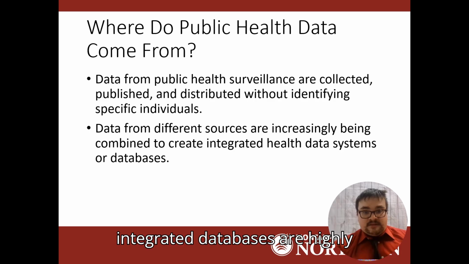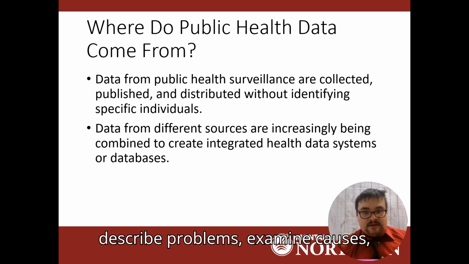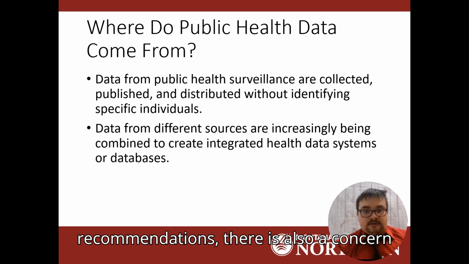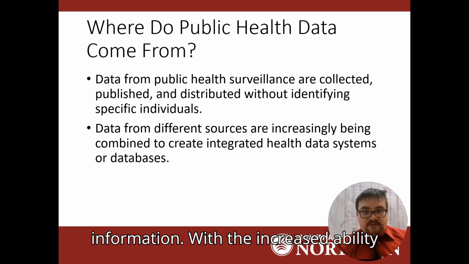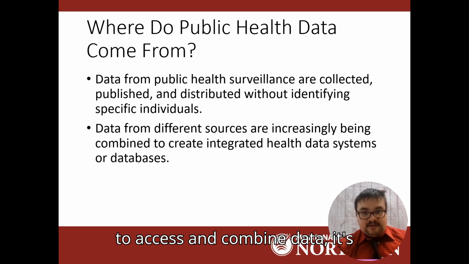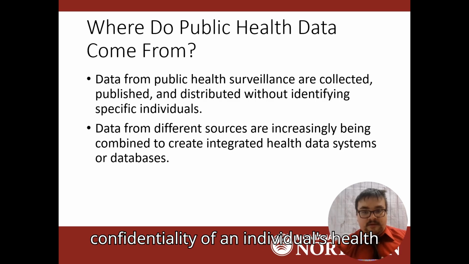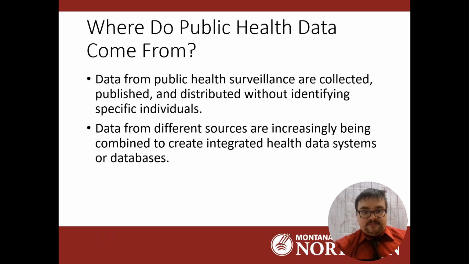While these integrated databases are highly beneficial, since they're great for compiling information which can help to describe problems, examine causes, and assist with evidence-based recommendations, there is also a concern about the privacy of sensitive health information. With the increased ability to access and combine data, it's important to protect the privacy and confidentiality of an individual's health information to avoid potential misuse or breaches.